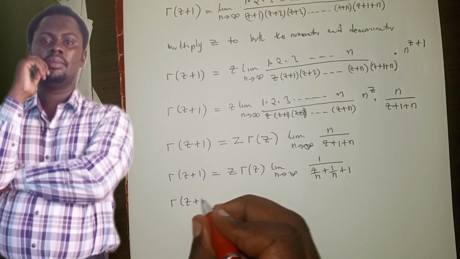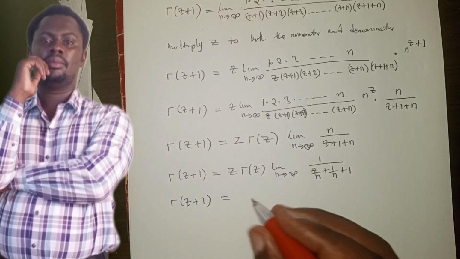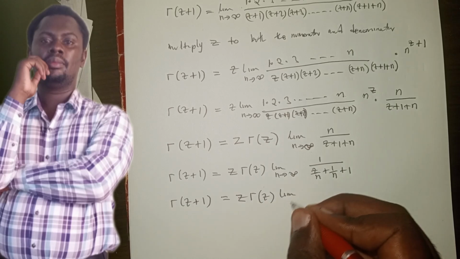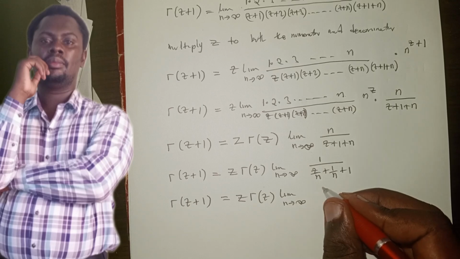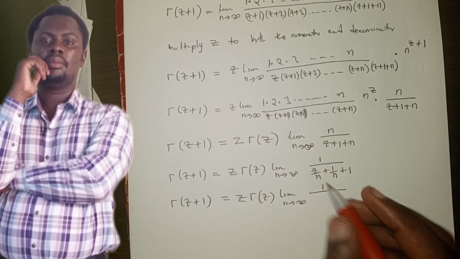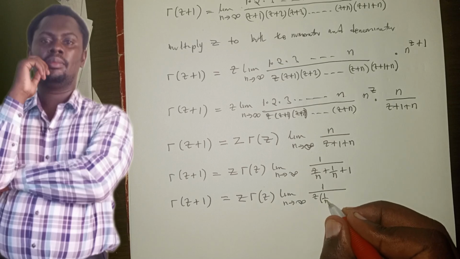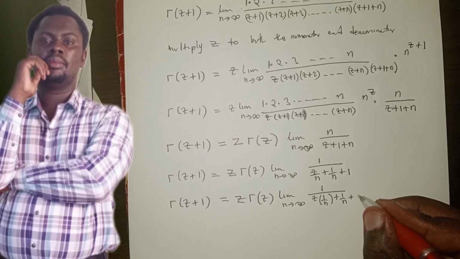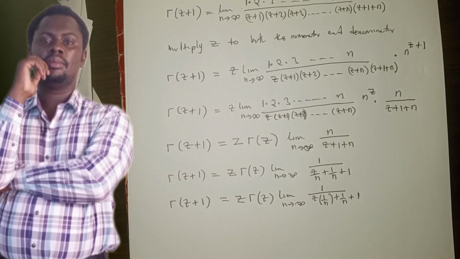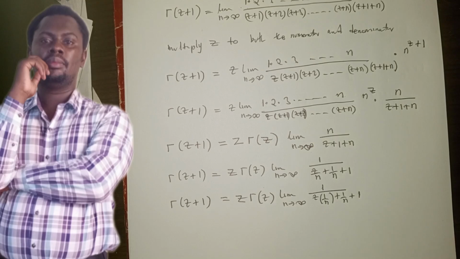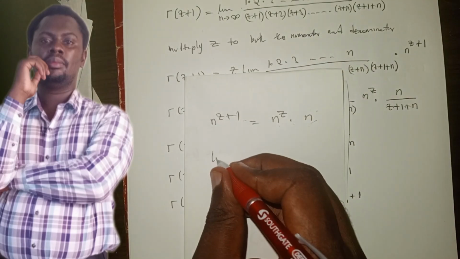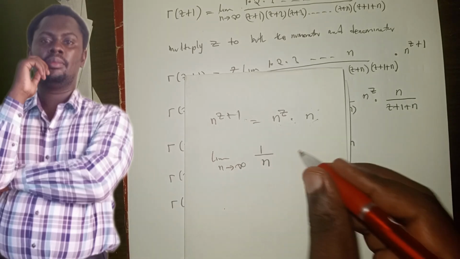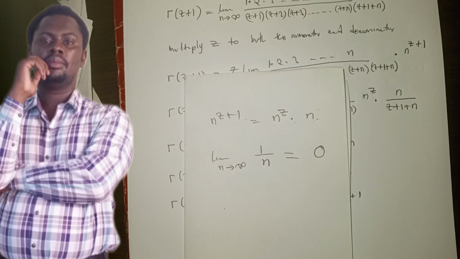So we have gamma of z plus 1 is equal to z gamma of z, the limit as n approaches infinity of 1 over z times 1 over n plus 1 over n plus 1. And we know that the limit as n approaches infinity of 1 over n is equal to 0.